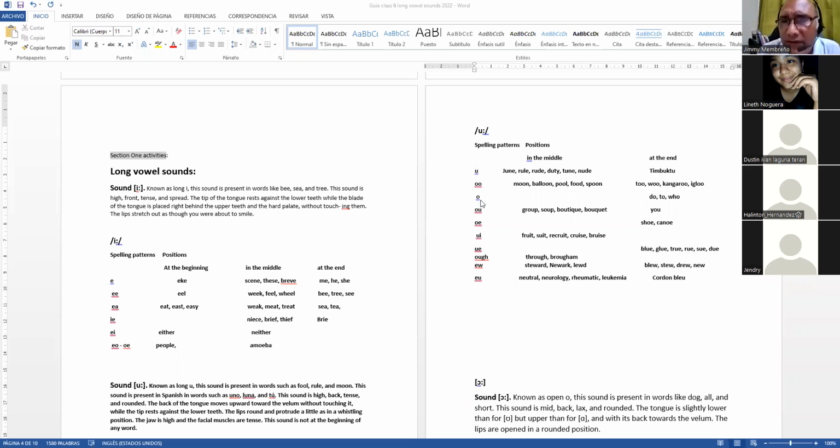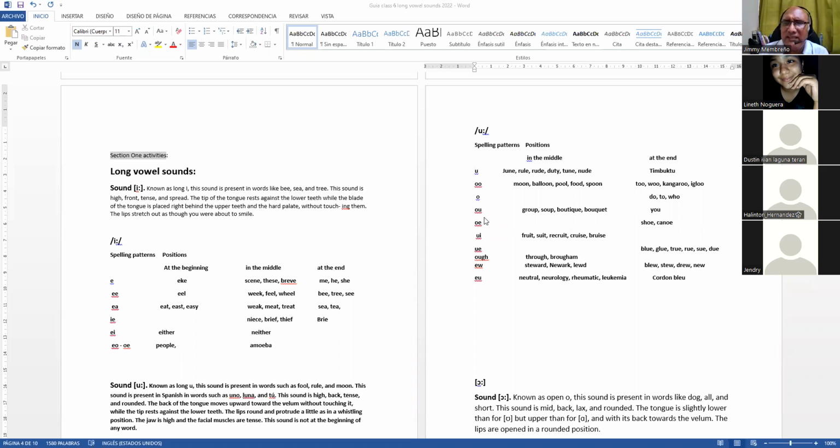And then we have another combination of letters, the O and the U. These two letters together go in the middle and at the end. Remember that if we see a letter U at the beginning of a word, it is not pronounced with the long U sound.